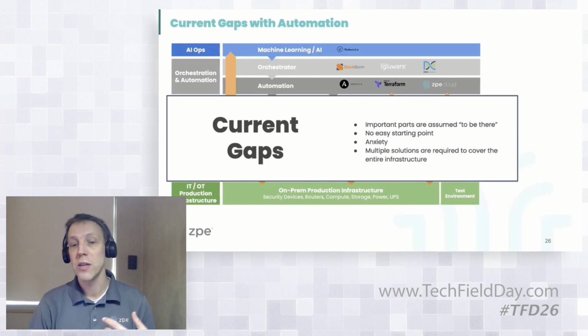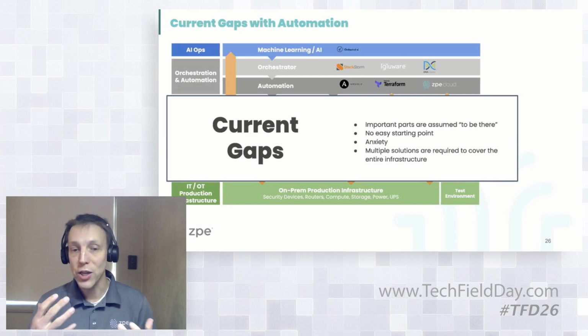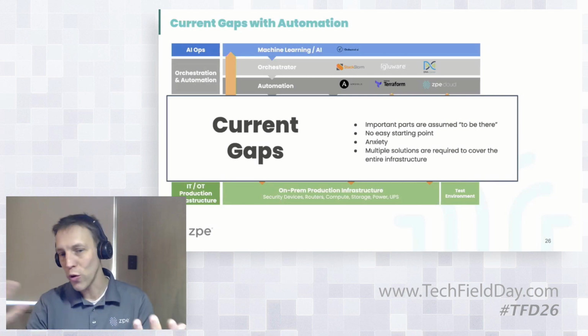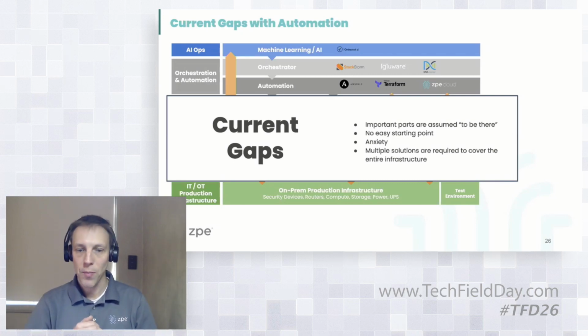So there isn't necessarily an easy starting point. There's a little bit of anxiety, as Karush mentioned, that the automation might impact day-to-day operations, and then I need to manually fix it. I need to manually revert what my automation has done. So the loss of control is a big fear, which prevents many customers I'm talking to from even starting on the automation journey.